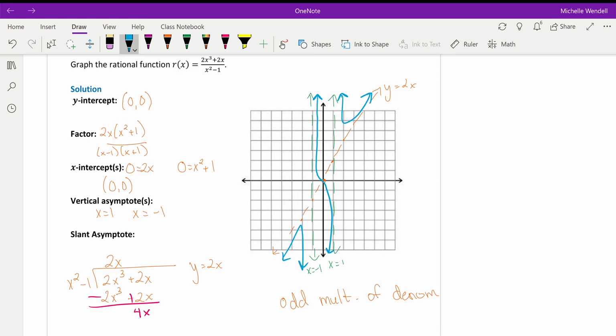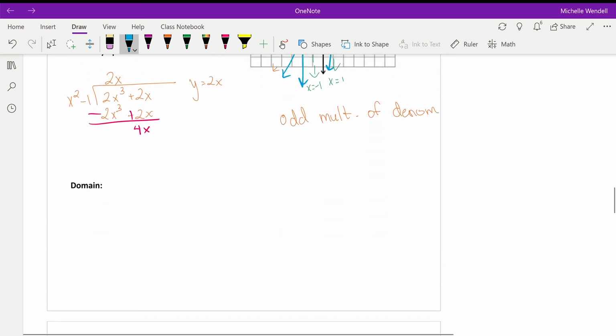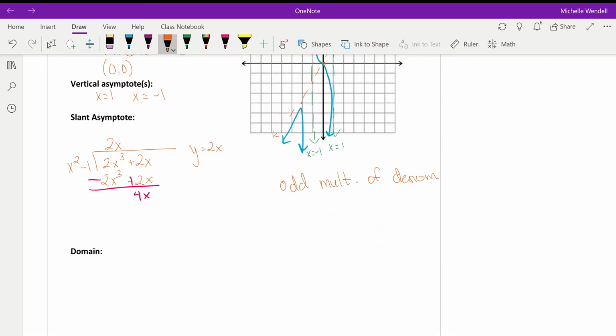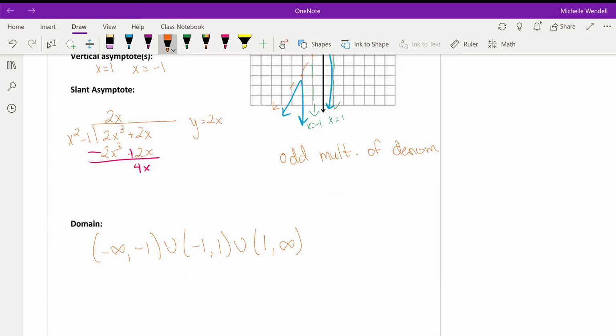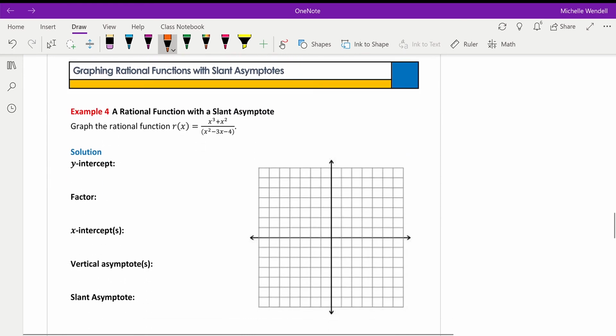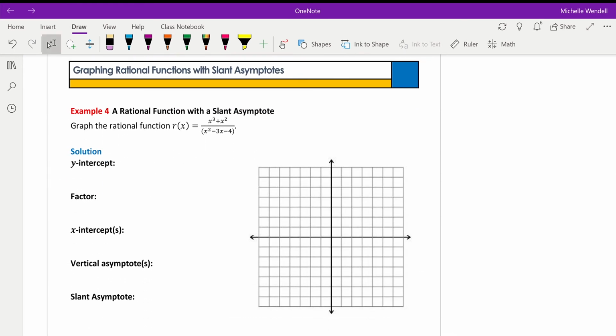So there we go. And then my domain is going to be everything except my asymptotes.